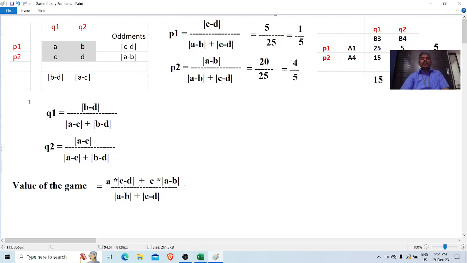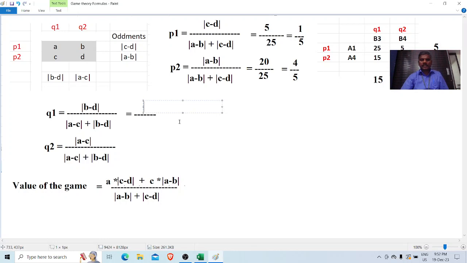We'll find the value for Q1 and Q2. Q1 equals B minus D. So this is B minus D. If you have doubt, you can take the values by comparing with this table. B minus D is 15.